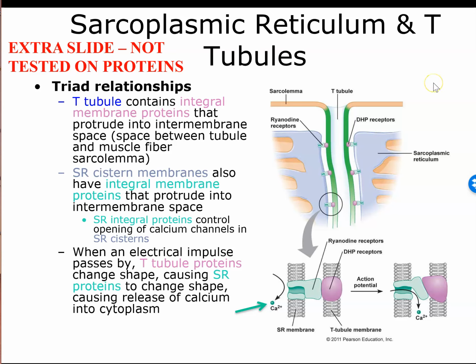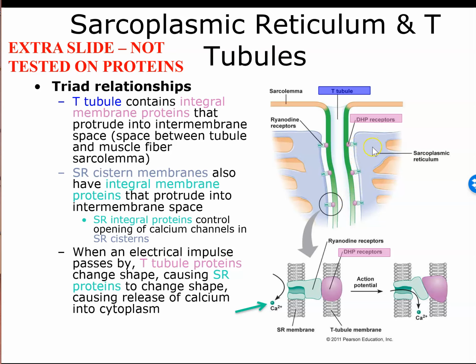So what we see here is our T-tubule, and this T-tubule is going to have an integral membrane protein called the DHP receptor that will protrude into the intermembrane space, which is the space between the tubule and the muscle fiber sarcolemma.